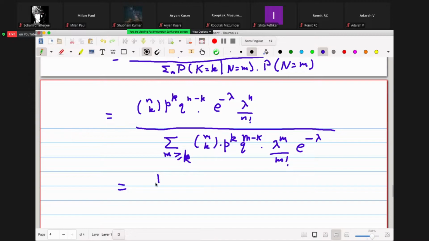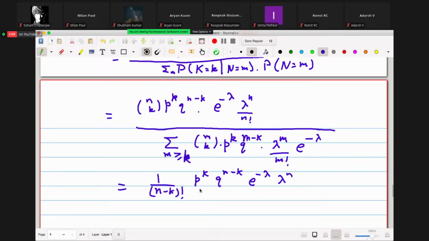There is no way of getting rid of that. And here, in the numerator I have p power k, q power n minus k, e power minus lambda, lambda power n.